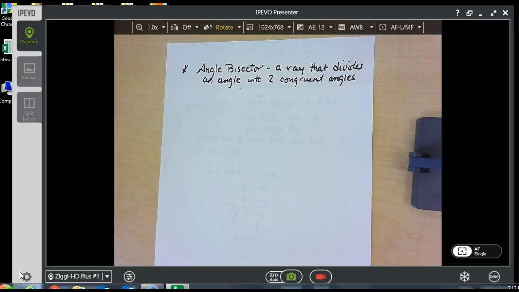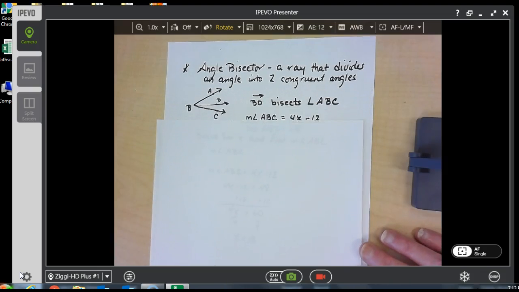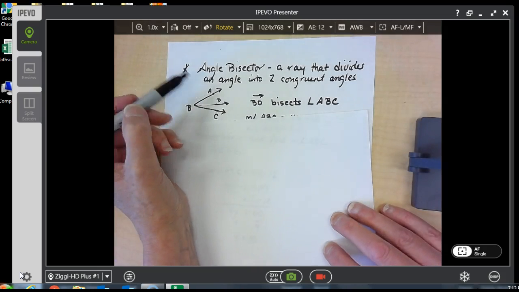Our last definition of the day, angle bisector: a ray that divides an angle into two congruent angles. Just like a segment bisector divided the segment into two congruent segments, an angle bisector divides the angle into two congruent angles.